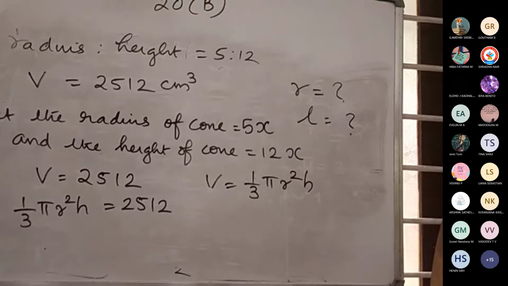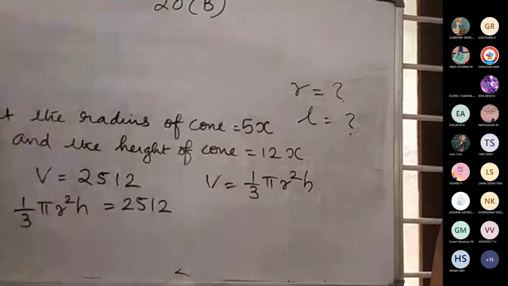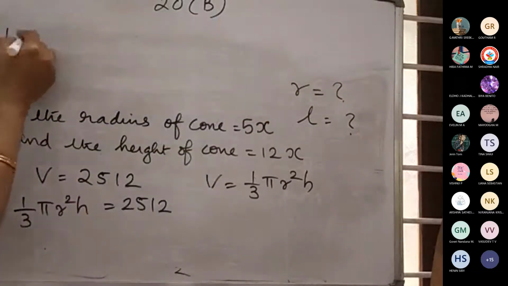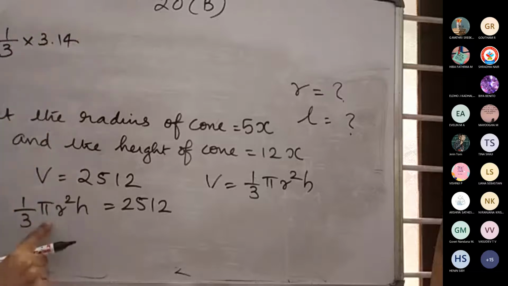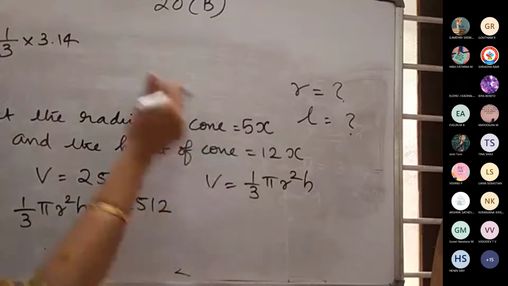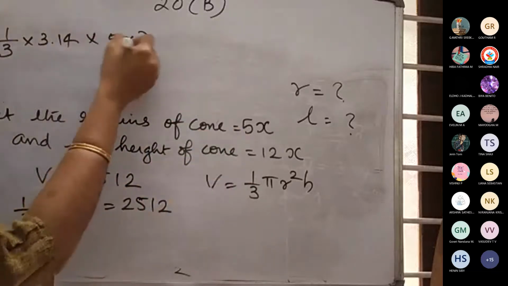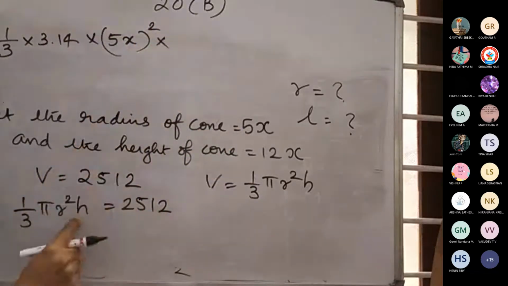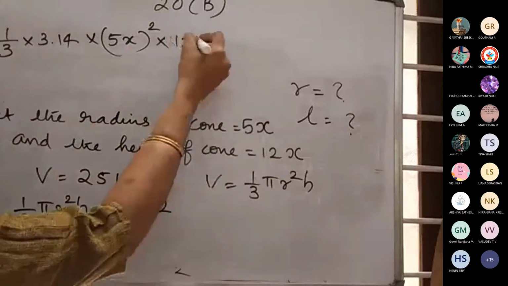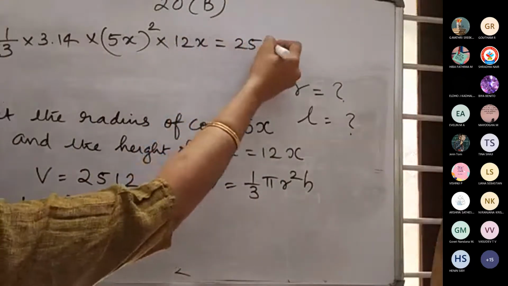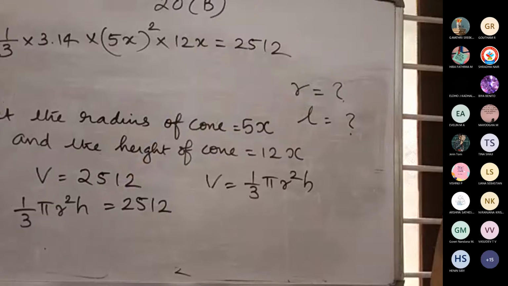So how can we write? 1 by 3 into pi 3.14, then r square. Let the radius of the cone r is equal to 5x, so 5x the whole square into h, 12x, is equal to 2512. Up to this completed. After that, don't write.